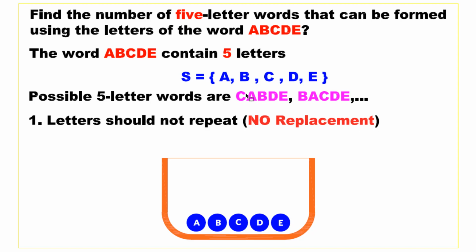If letters repeat in a word such as C, C, A, B, then in such case we have replacement. But in our case, we don't have any replacement.